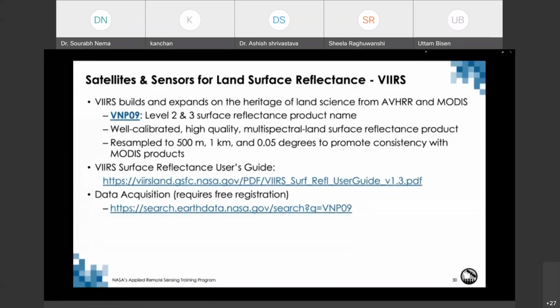The data are corrected for atmospheric conditions, such as the effects of molecular gases, including ozone and water vapor, and for the effects of atmospheric aerosols. We've provided a link to the Surface Reflectance User's Guide to answer any questions you may have on the products and how they're generated. The last link takes you to the NASA Earthdata website, where you can download VIIRS land surface reflectance products and learn more about each product.